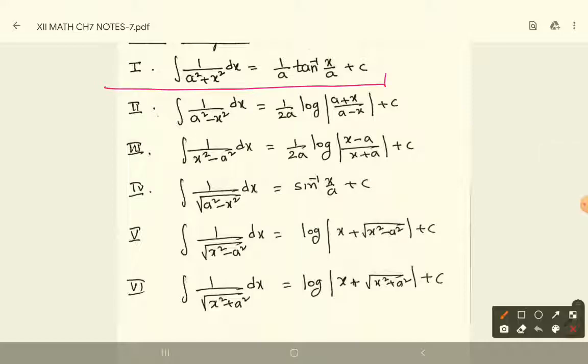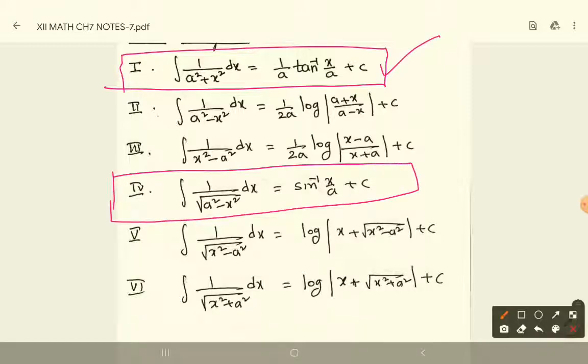You should know dx by a square plus x square as 1 by a tan inverse x by a, and dx by root over a square minus x square as sin inverse x by a. First remember the trigonometric ones. These two are trigonometry related formulas. Where the denominator has no square root, a square plus x square, it is 1 by a tan inverse x by a.